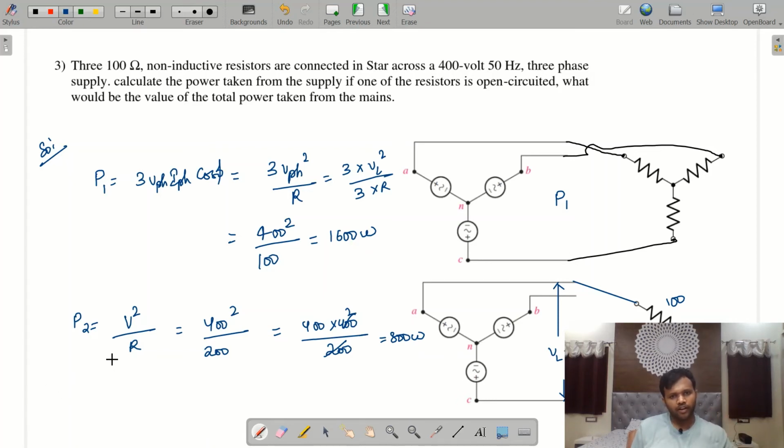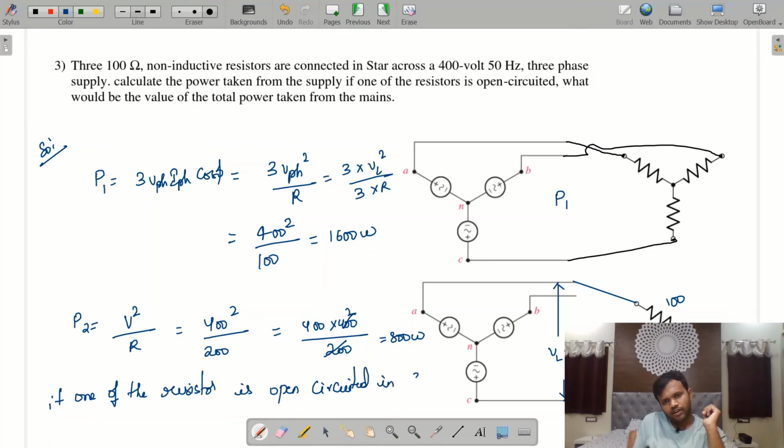So what can you write as the conclusion statement? If one of the resistors is open circuited in a star connected load, consider this statement applicable only for star connected load.